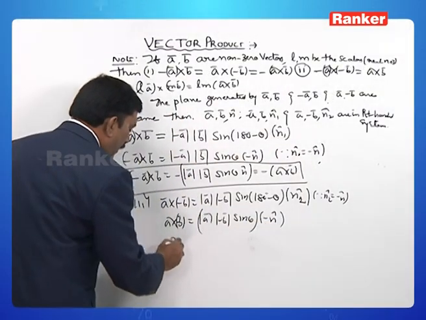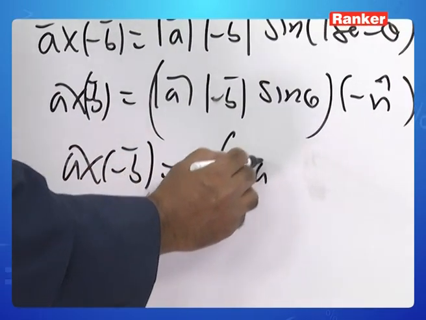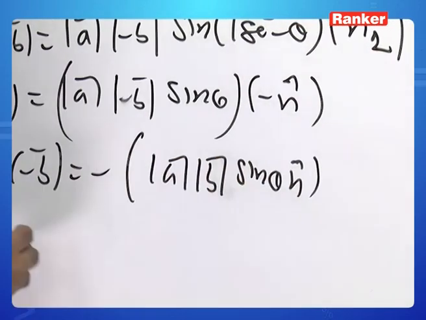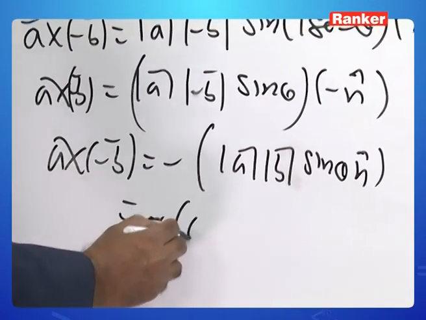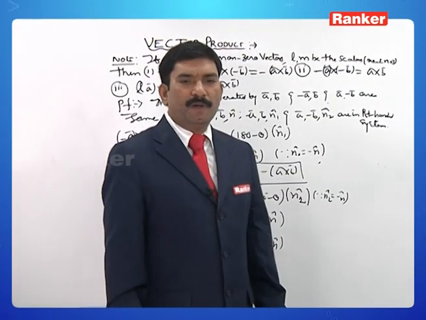So therefore A bar cross minus B bar is equal to minus of mod A mod B sine theta into n cap. This is nothing but minus of A bar cross B bar.